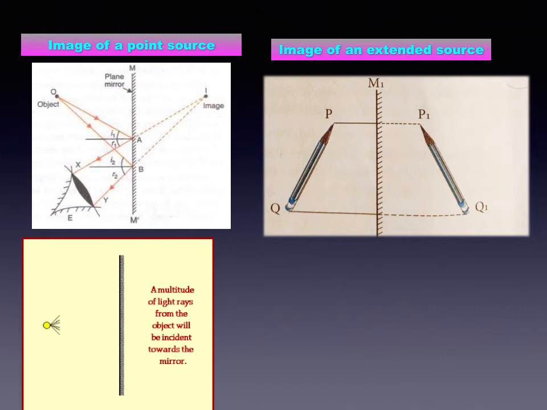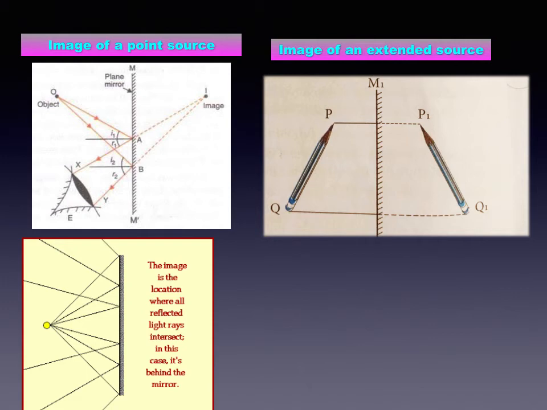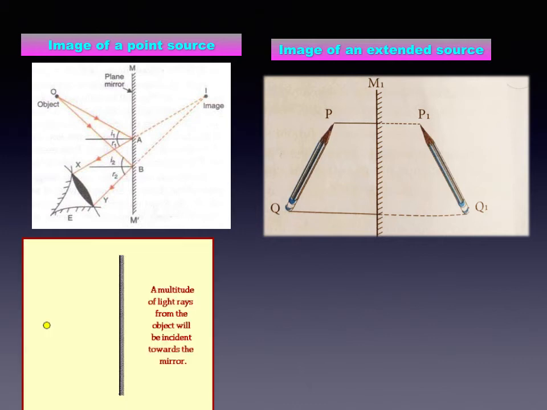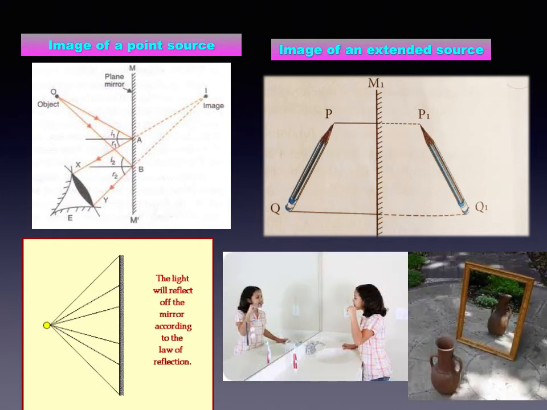The images of P and Q are formed at P1, Q1 respectively. Similarly, images of all points between P and Q are formed between P1 and Q1, resulting in the images P1, Q1 of the entire extended source. The image formed by a plane mirror is of the same size as the source, as you can see in the figure.